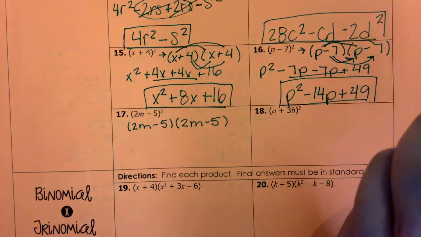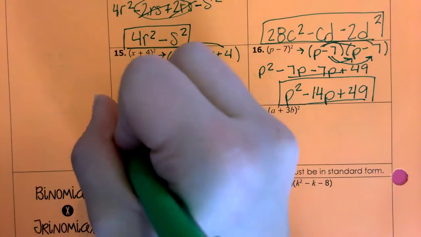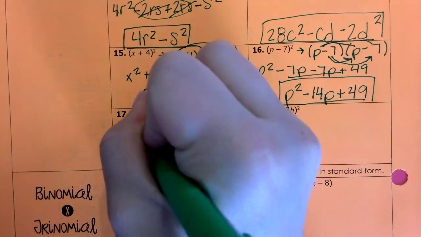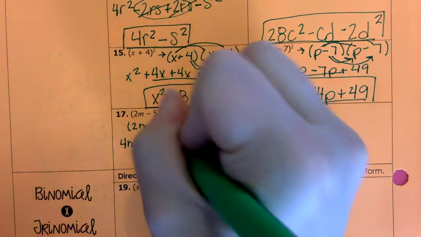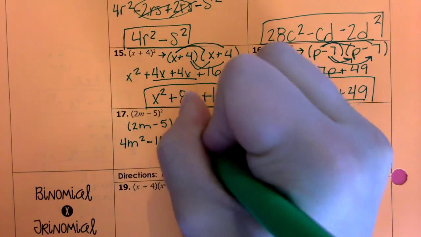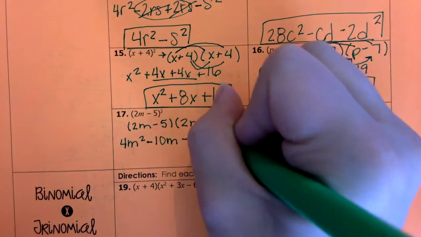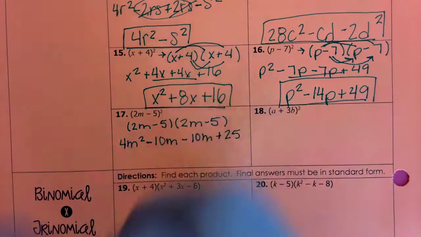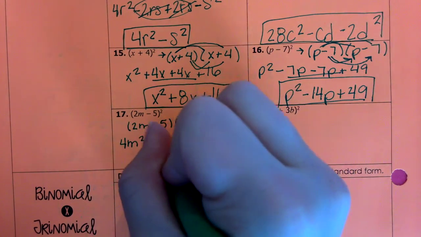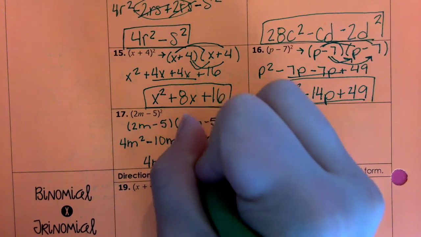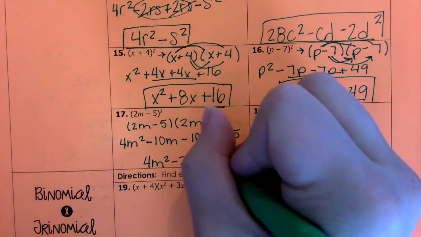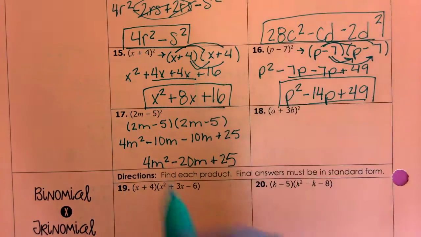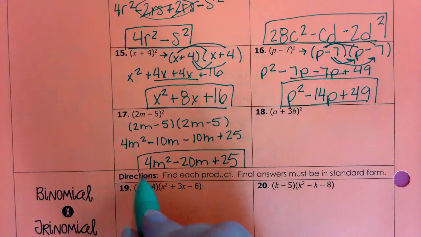And when you multiply, you're going to get 4m squared minus 10m minus 10m plus 25. You're going to add those middle terms, and you're going to end up with a final answer of 4m squared minus 20m plus 25. There's your final answer there.